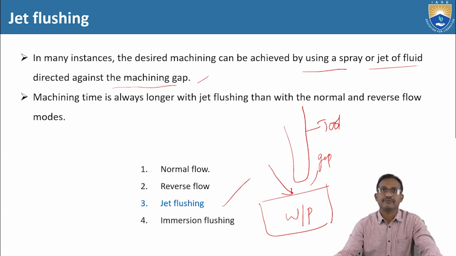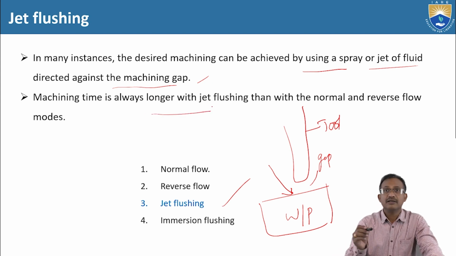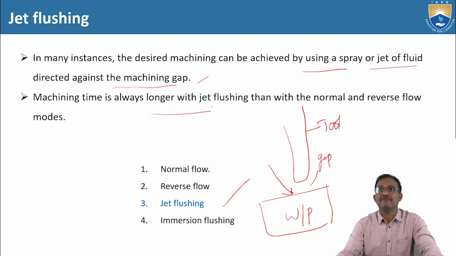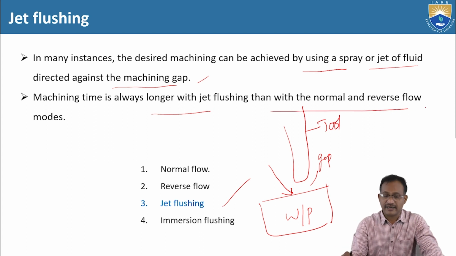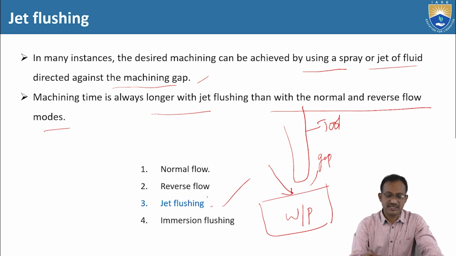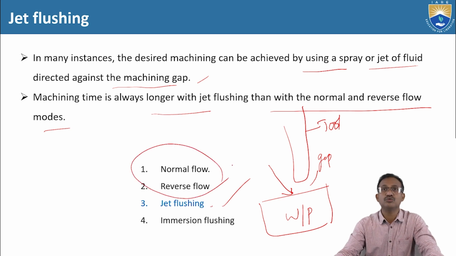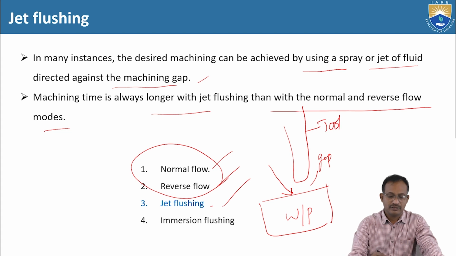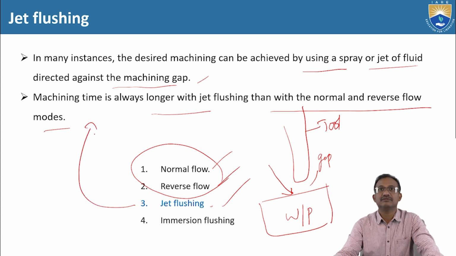The next point is the machining time is always longer with jet flushing than with the normal and reverse flow modes. When jet flushing is compared to the above two flow methods, normal flow and reverse flow, jet flushing is somewhat different.